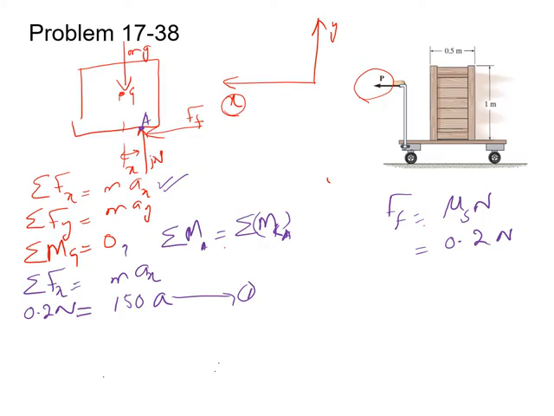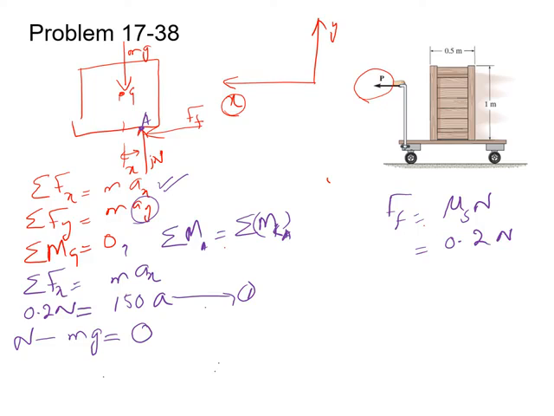By using the second equation, sum of the forces in y equal to may. So in the y direction, the forces acting are the weight and the normal force. The normal force is acting in the positive y direction, so N, and the weight is acting in the negative y direction. So N minus mg equal to may. Since the crate is translating in the x direction, the acceleration in y direction is equal to 0.